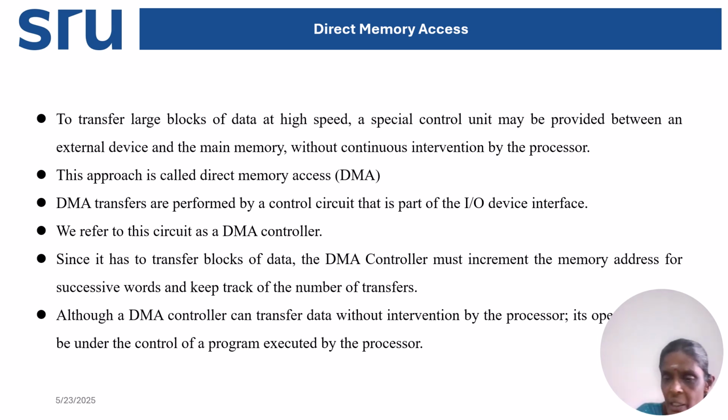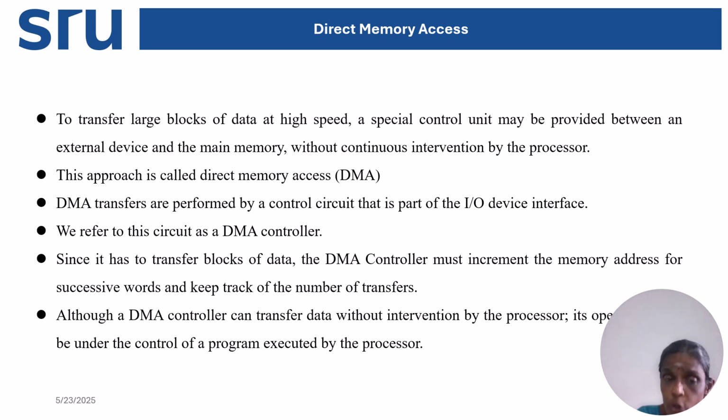So, two-way, bidirectional. This approach is called direct memory access. DMA transfers are performed by a control circuit that is part of the I/O device interface. We refer to this as the DMA controller, direct memory access controller.